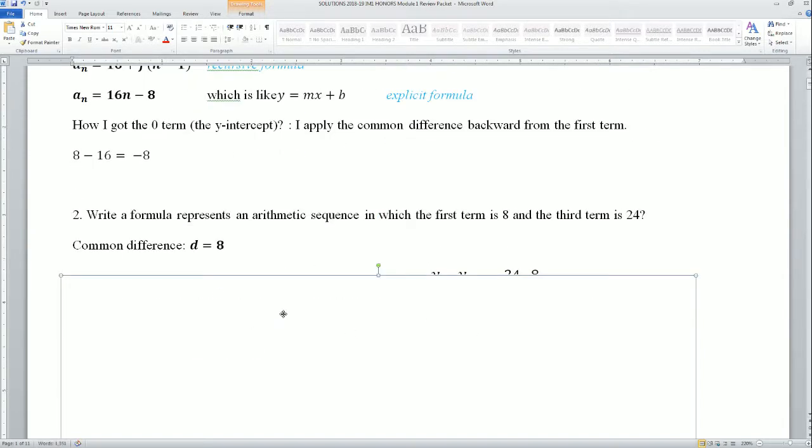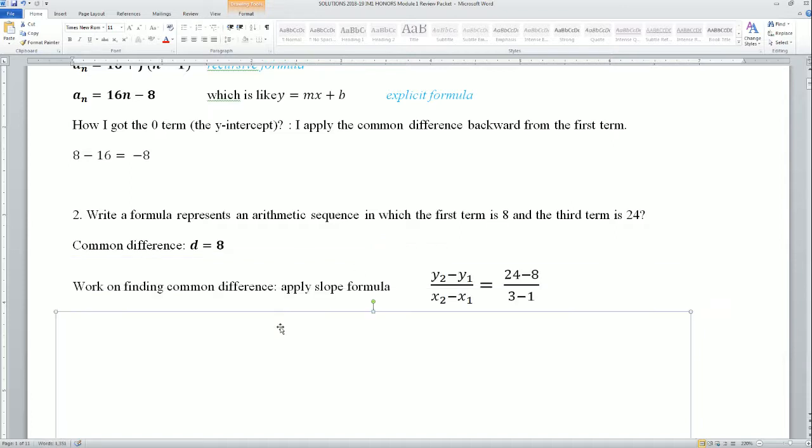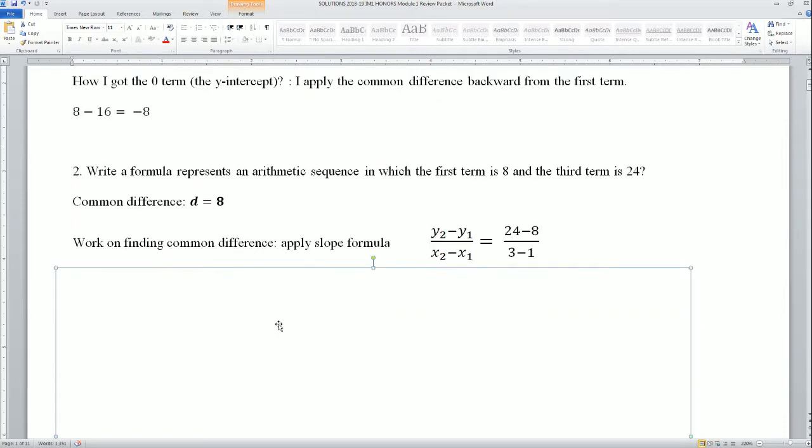Next, the second one asks us for the same thing, but it says here that our third term is 24 and our first term is 8. You could do this in many different ways, but I'm going to apply the slope formula in my case. y2 minus y1, so it's going to be 24 minus 8, divided by the third term minus the first term.